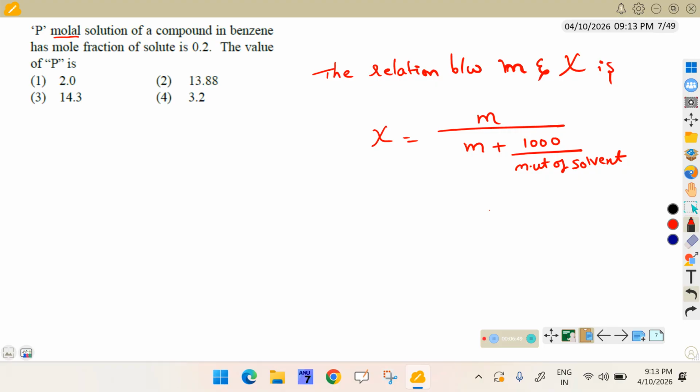Now, mole fraction value is given as 0.2 equals P by P plus 1000 by, benzene is the solvent, 78.